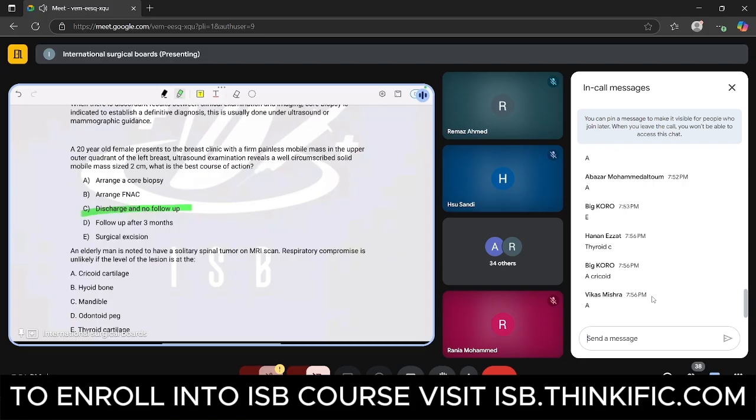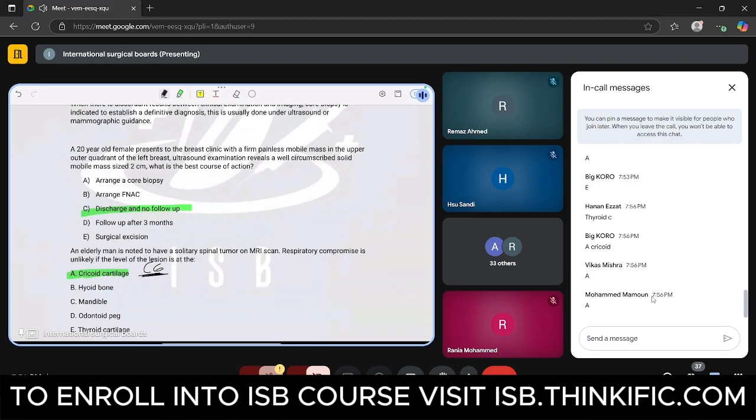So you should choose the lowest possible level, right? Like cricoid. Cricoid cartilage is at the level of C6. The phrenic nerve originates from C3, C4, C5, and mainly C4, the main nerve root contributing to the phrenic nerve.